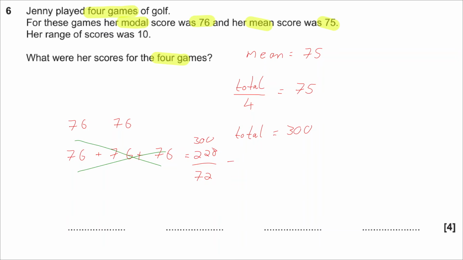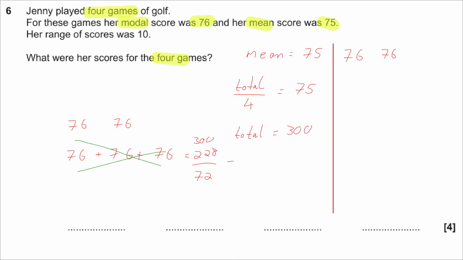Now, if we consider this, let's go over here, where we have a bit more room. Let's do it in red still. Sorry, it's gone a little bit messy. Okay, let's put a bit of a divide down here. So now I know for sure that we're going to have 76 occurring twice.